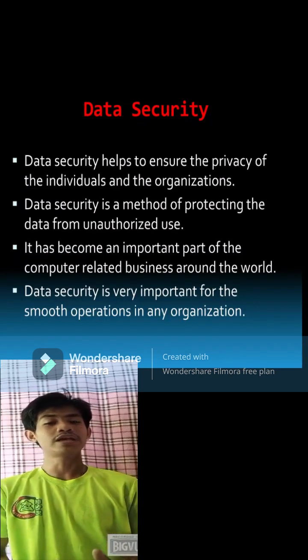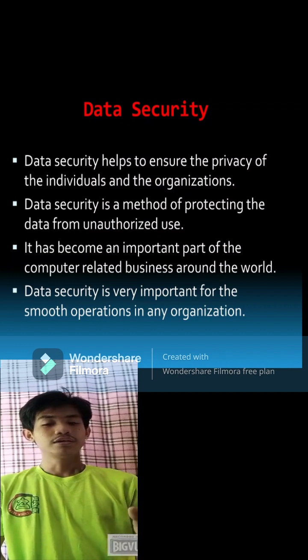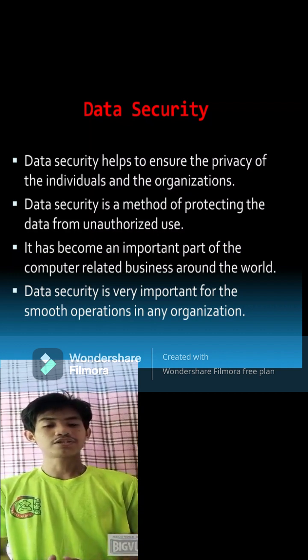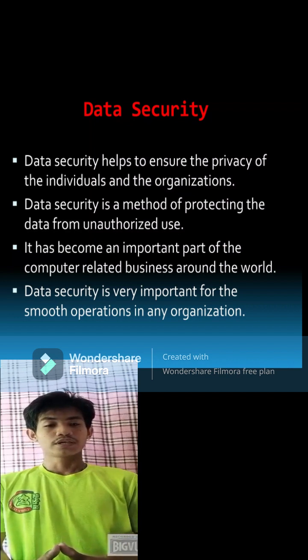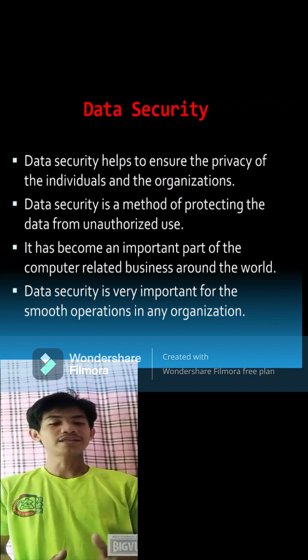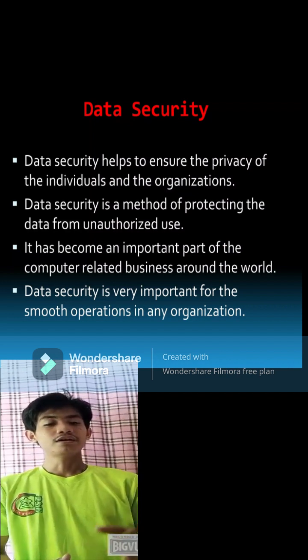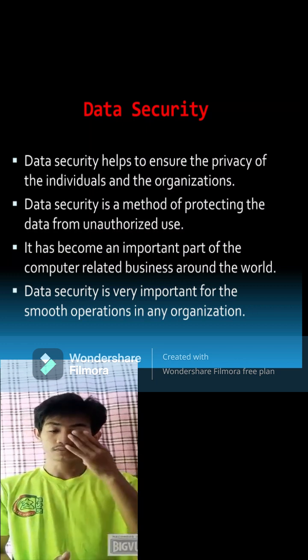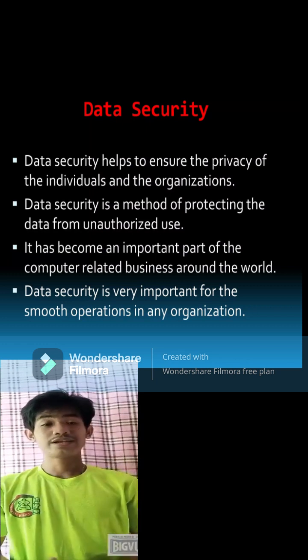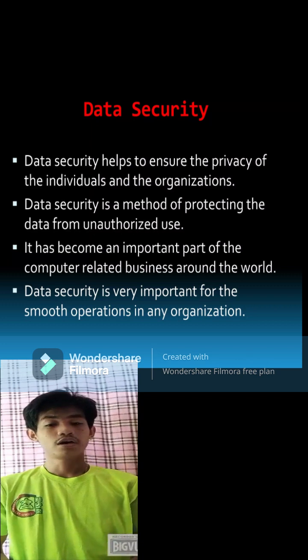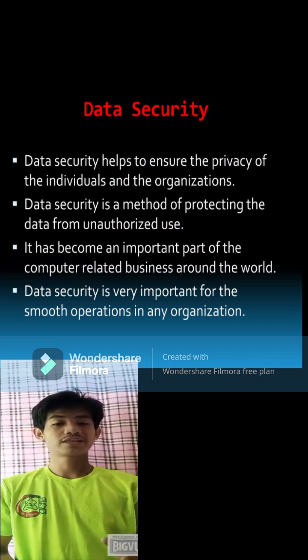Now, let's talk about data security. Data security helps to ensure the privacy of the individuals in the organization. Data security is a method of protecting the data from unauthorized use, and it has become an important part of computer related businesses around the world.